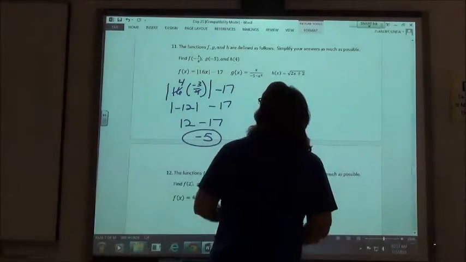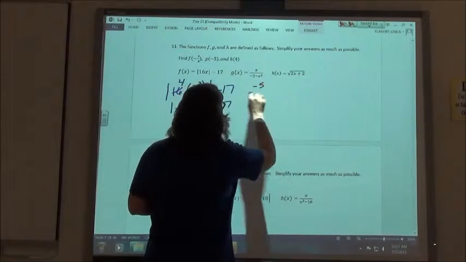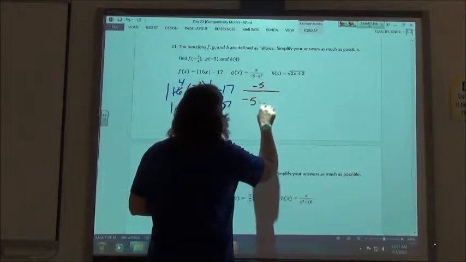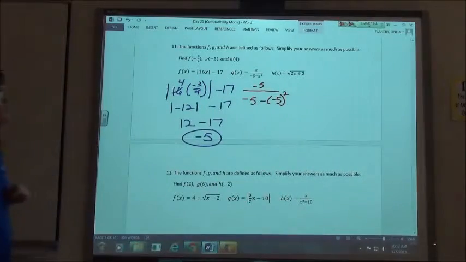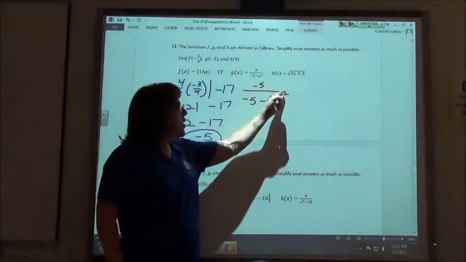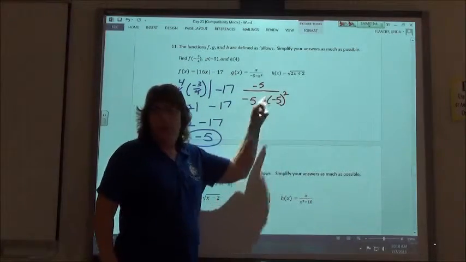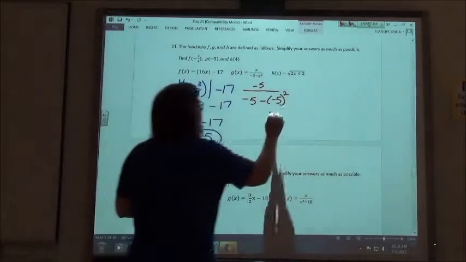G function. We're going to do g of negative 5. So we're going to have negative 5 on top. Then we're going to do negative 5 minus a negative 5 squared, right? Following my order of operations, I'd want to square that negative 5 first. So negative 5 squared would be 25.